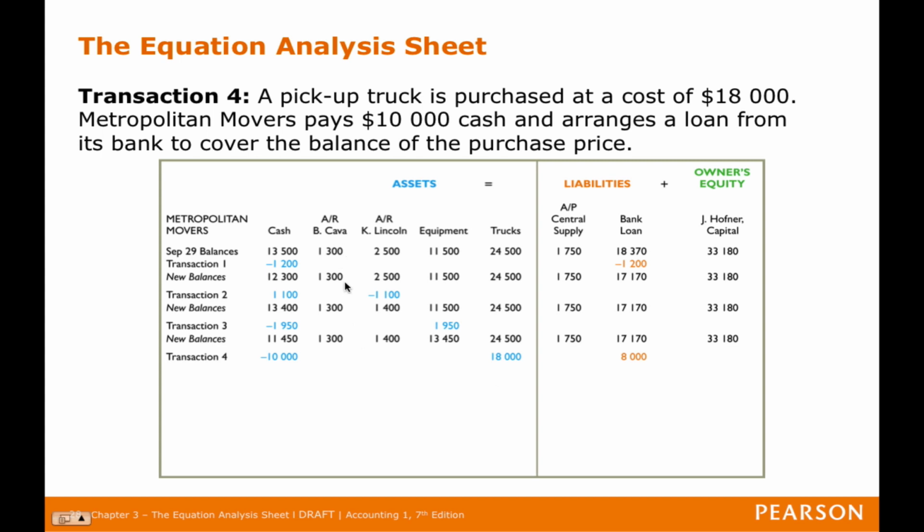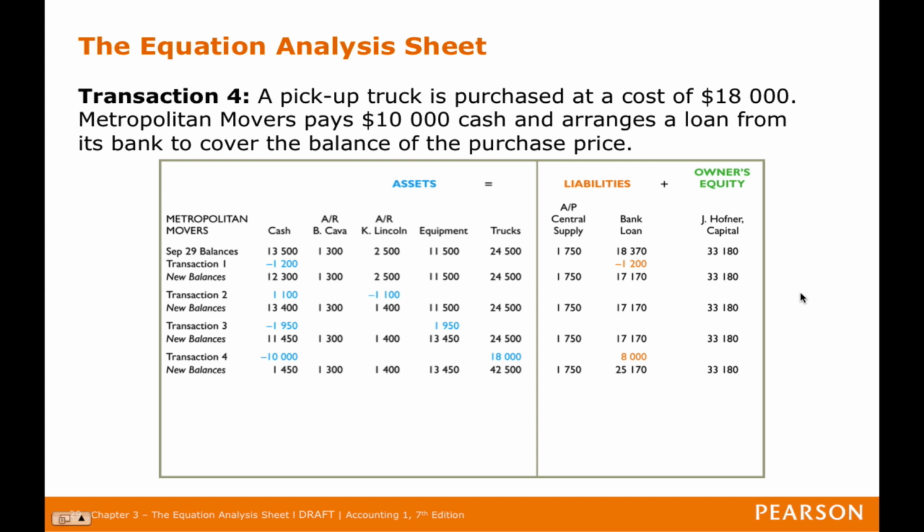If you go back and look at any of the previous transactions, you'll see that for transaction 3, we've decreased cash but increased equipment, so balanced out that side of the equation analysis sheet. The same thing has happened in transaction 2, and in transaction 1, we've decreased assets and decreased liabilities, so that's how our fundamental accounting equation remains in balance.